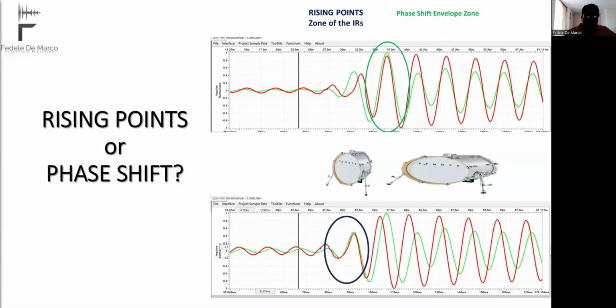These correspond to a stimulation of the room, for example, in buses that are not in focus, with less attack. The opposite, instead, if we match, we align best the rising point of the impulse response.